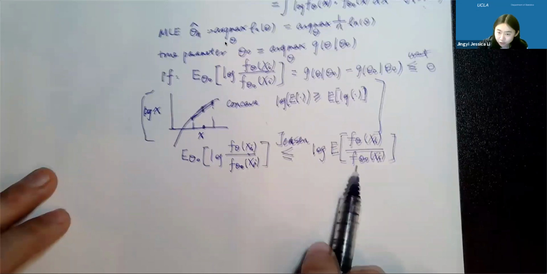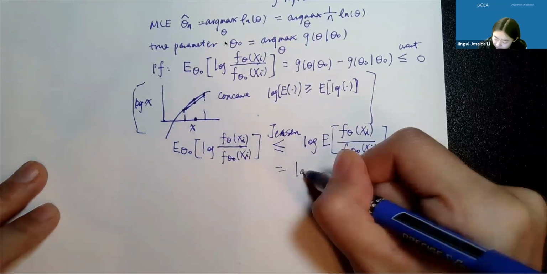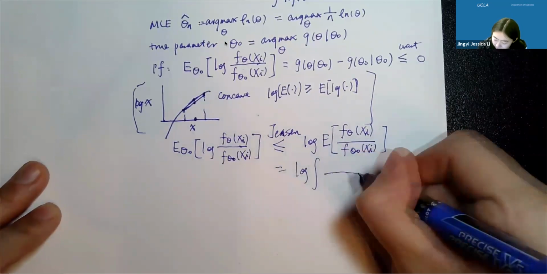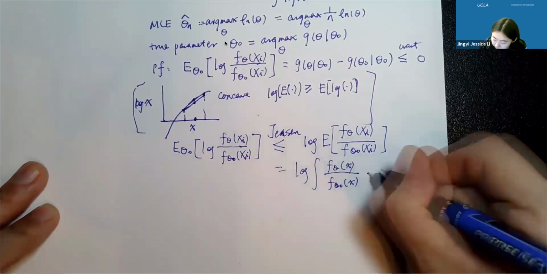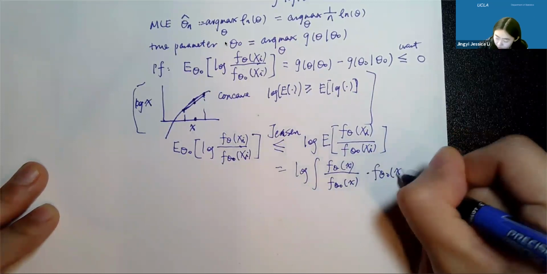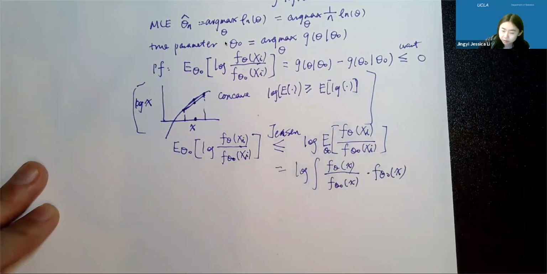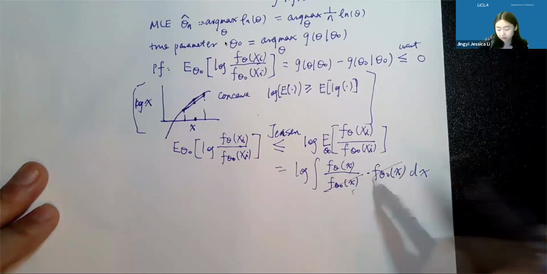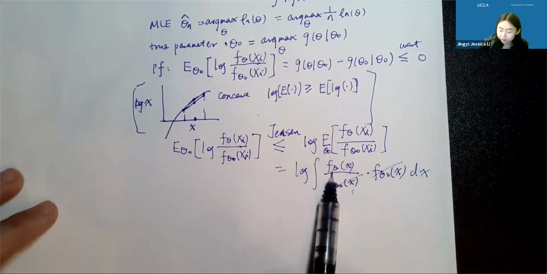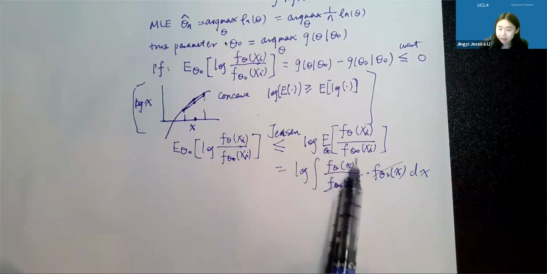For this expectation, we can expand it as the definition: f theta x over f theta 0 x times f theta 0 x dx, right? The reason is because our expectation is taken under the true distribution with parameter theta 0. So I have cancellation. Even though this f theta x is not the true density, under this value theta, this density is still a valid PDF.